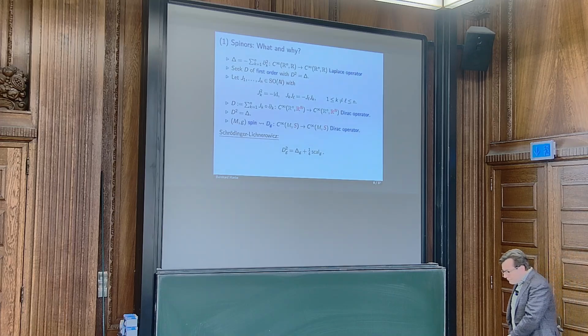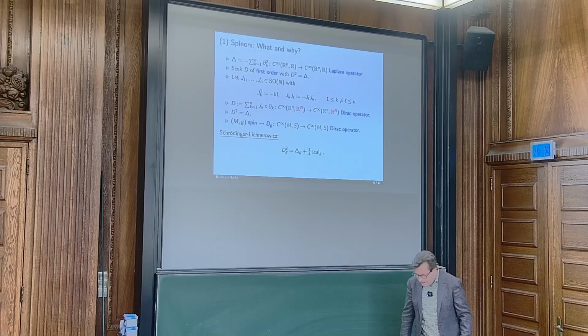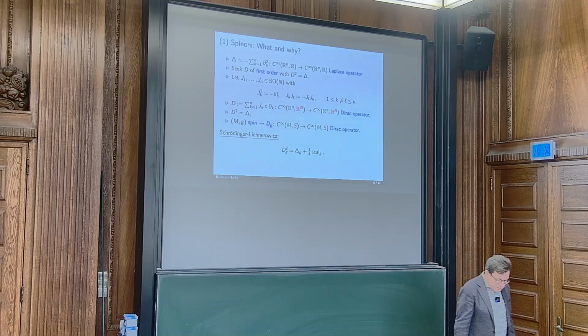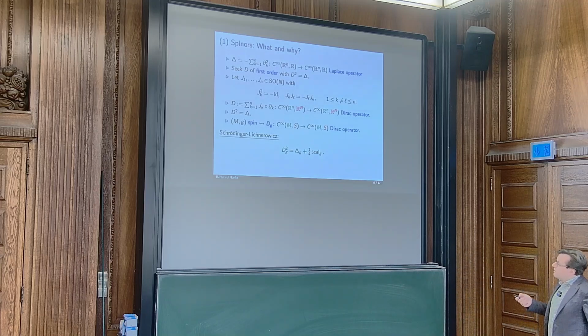And now one can refine the notions and the machinery to generalize this construction to Riemannian manifolds. And in order to define these operators, the manifold has to be spin.